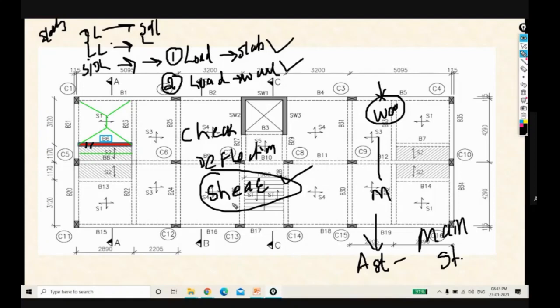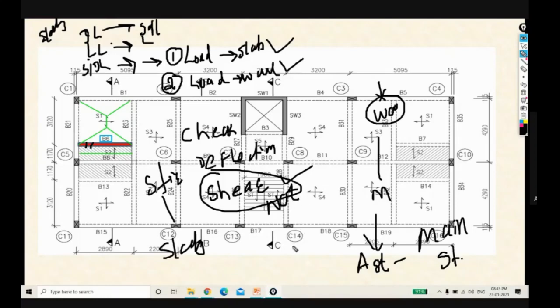But the difference is this. Suppose shear reinforcement is not required, in both slab and beam. Shear reinforcement means stirrups. In slab, if shear reinforcement is not required, we do not provide stirrups. But in beam, even if shear reinforcement is not required, we still provide nominal shear reinforcement.